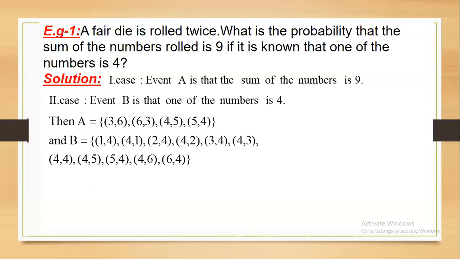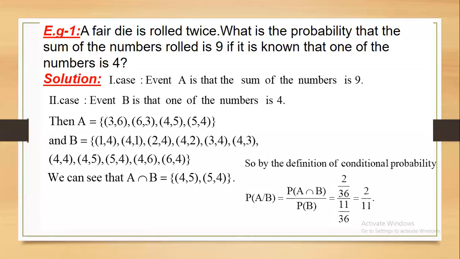Okay, the set A includes 4, 5, 5, 4. The set B also includes the same elements, 4, 5, 5, 4. So we can say that probability of A given B is related to probability of A and B. So probability of A and B, you can see, includes 4, 5, 5, 4.